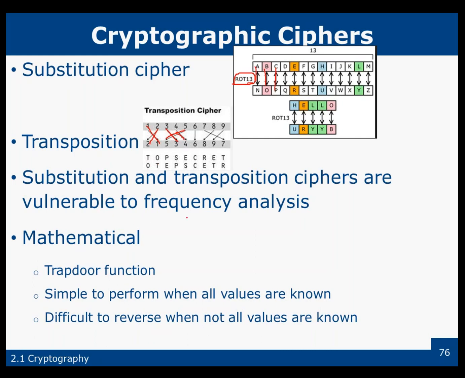So these are vulnerable to frequency analysis, and frequency analysis comes down to how many times a word or a letter is used. Some words, some letters are used more frequently than others. So when we do frequency analysis, we can look at those things.